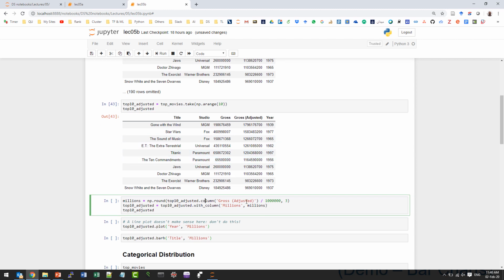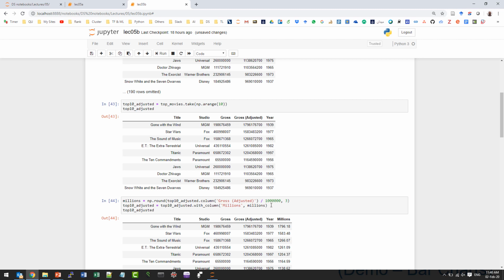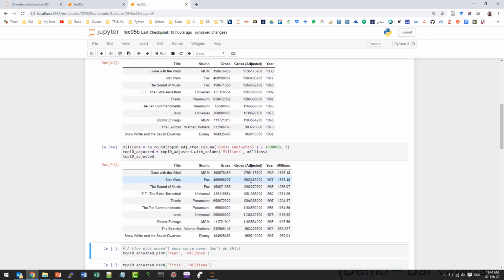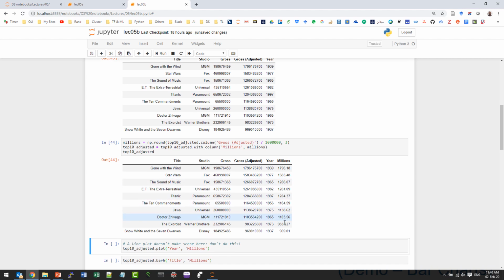So what are we doing here? We take this column and divide by 1 million. So we'll convert it into millions and keep just 3 digits. Are you following with me? Then we add this to the table with the with_column method. Now the table has the millions column.